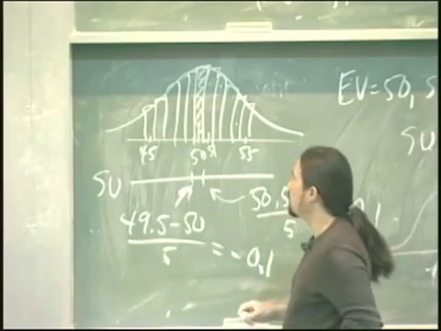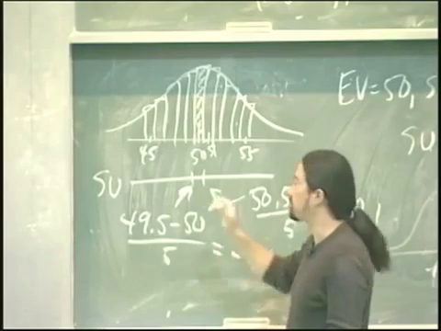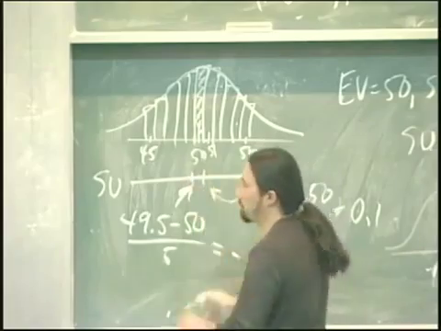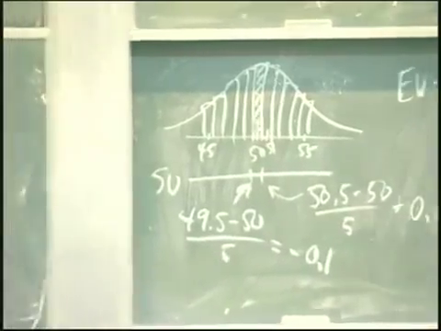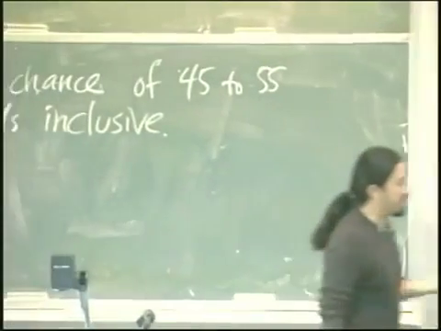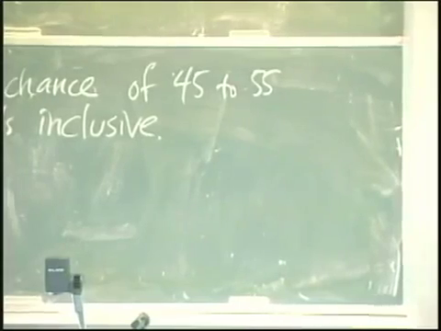So I'll talk a little bit about this on Thursday, I think. I don't think I'll have time today, but that issue of including the bars or not. This includes the bars. So when you think about the area, I want the area from the far left to the far right, okay?